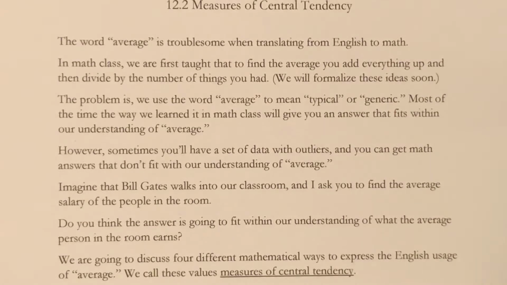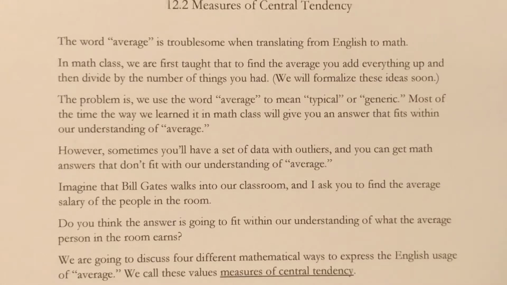Probably not. The chances are that the average is going to be larger than all but one of us in that room actually makes. So a big outlier can skew that.